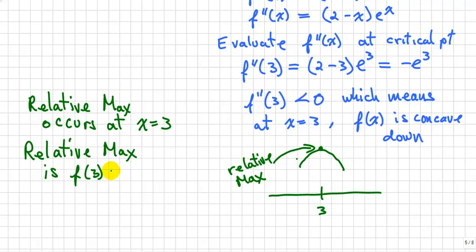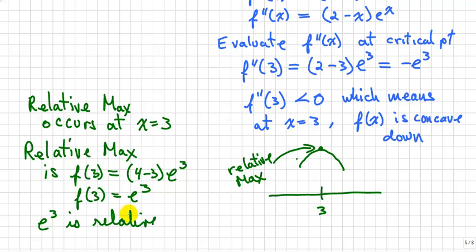The original function is 4 minus x times e raised to the x, and x is 3, so 4 minus 3 times e to the 3. E to the 3 is the relative max, and it occurs at x equals 3.